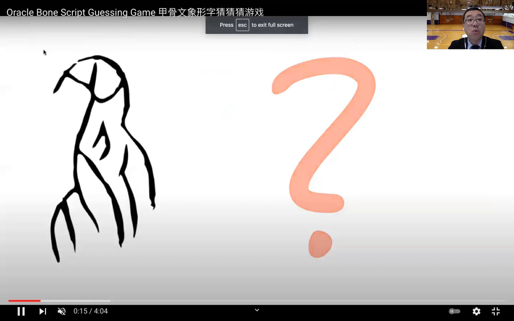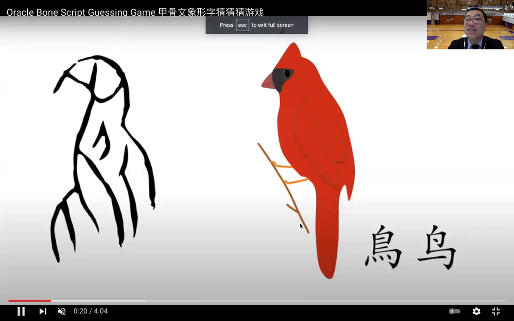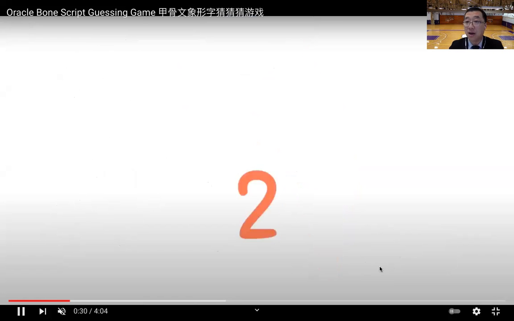So, what's this character? It's a bird. Look at the head, the wings, the feather. That's a bird, 鸟.